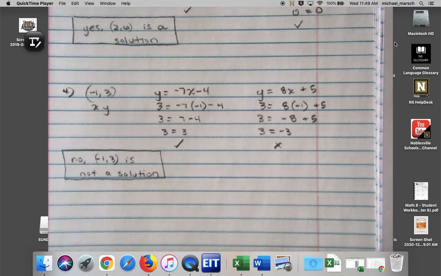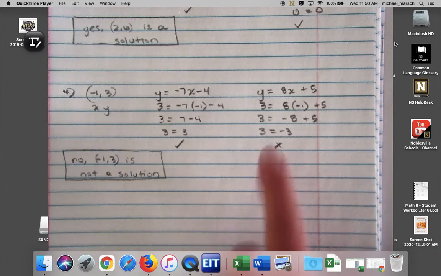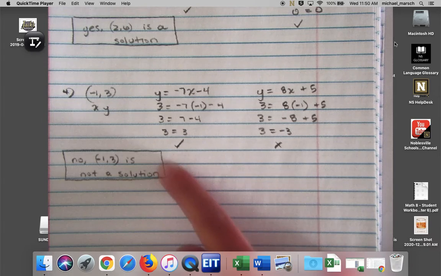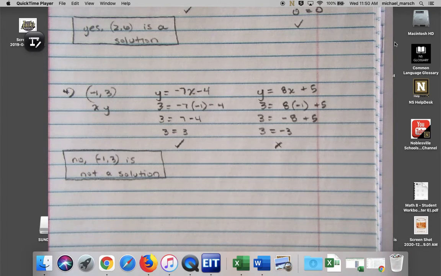Okay, check our answers. Did you get no? Right, because 3 does not equal negative 3, so it only works for one of the equations.